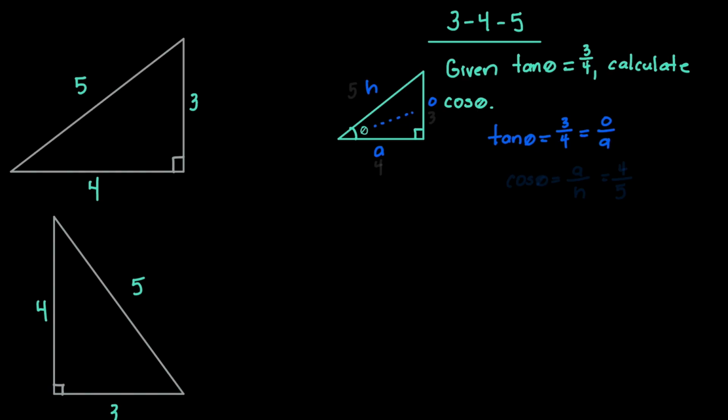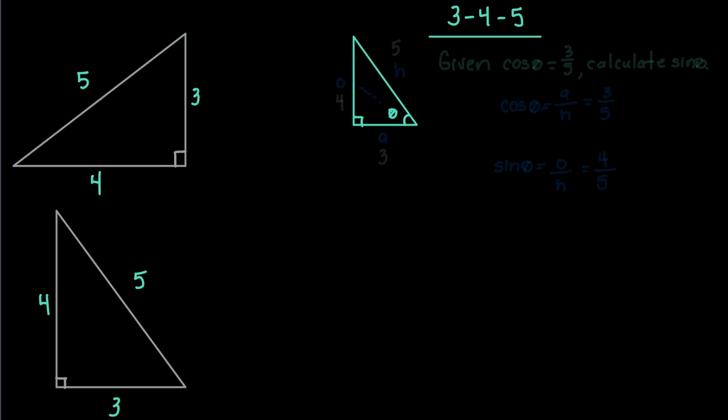That means my opposite side is 3 units long. My adjacent side is 4 units long. Because my legs are 3 and 4, my hypotenuse is automatically 5. And I can go ahead and say cosine of theta, which is adjacent over hypotenuse, is 4 over 5.